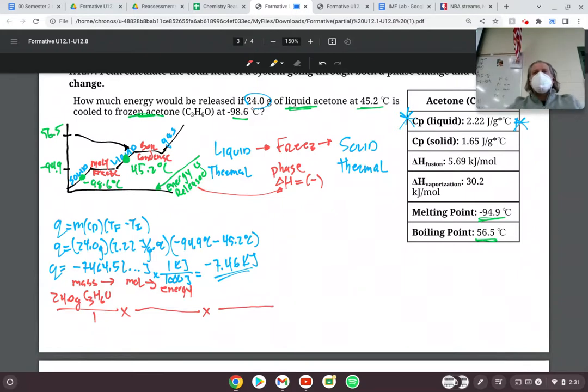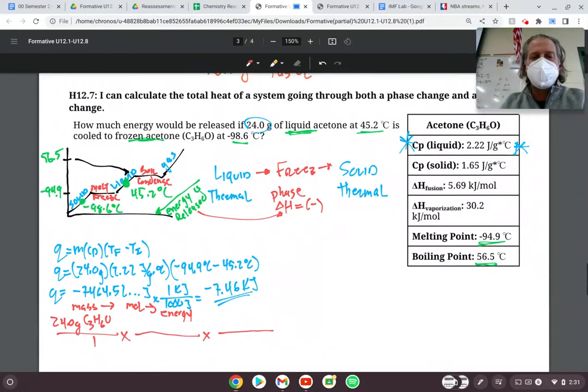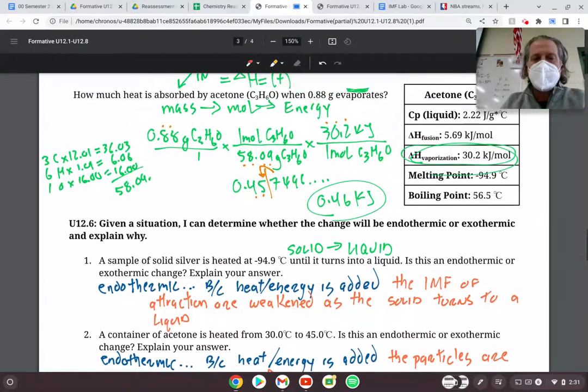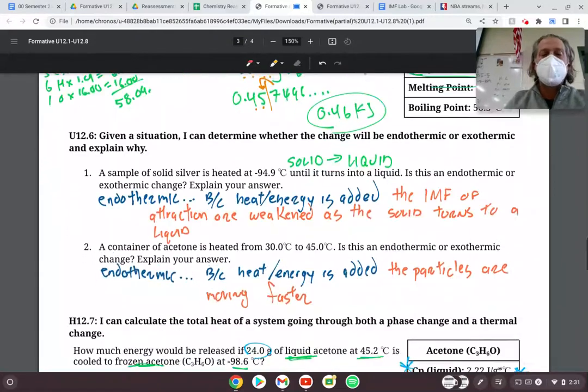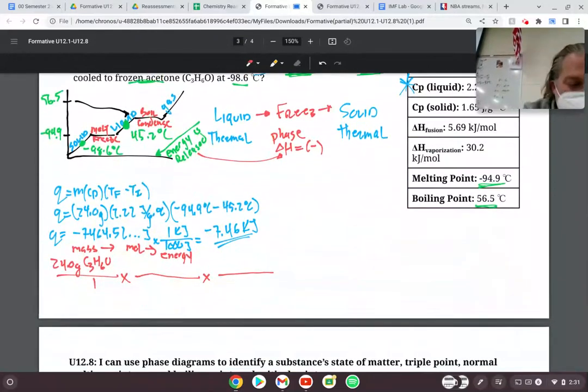We've already calculated the molar mass of this one up above, so I'm going to go back up and grab that. Oh, look, it's 58.09 grams, so I'm going to use that one right here. 58.09 grams of acetone in 1 mole of acetone.